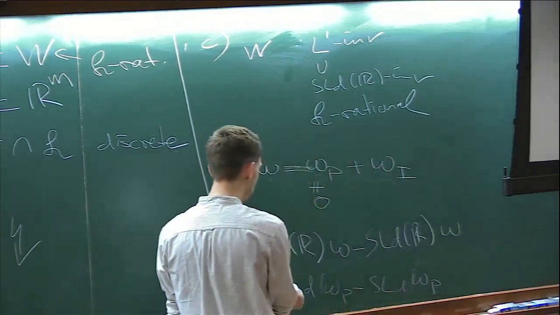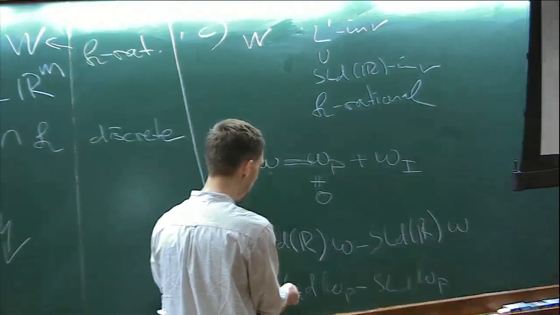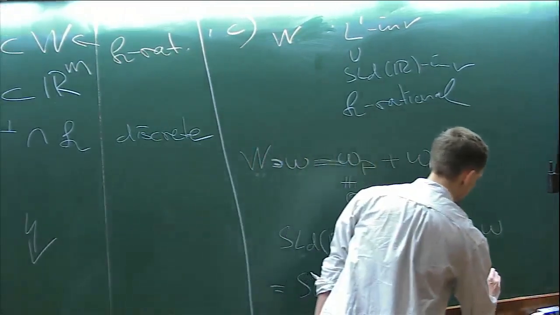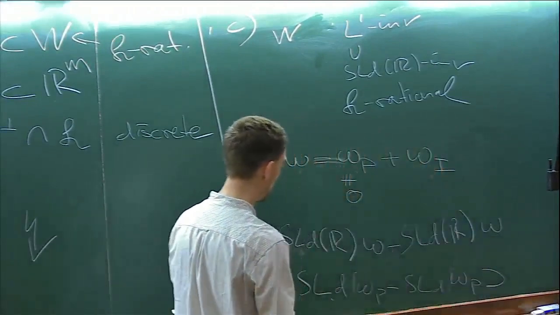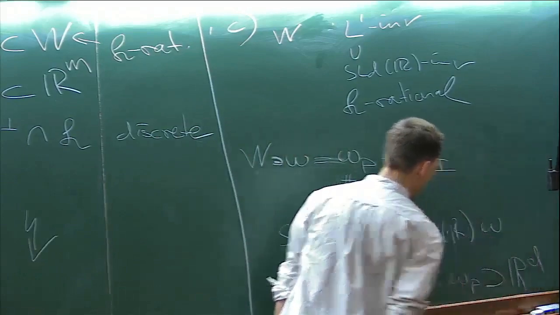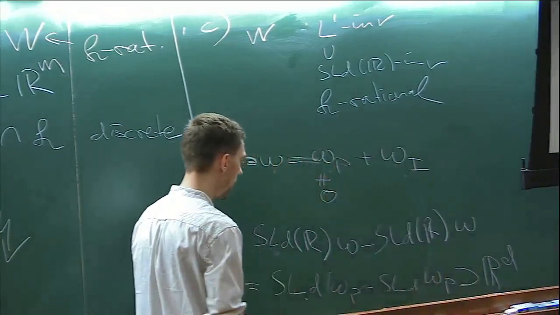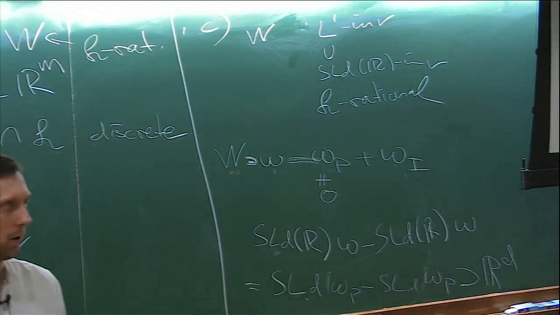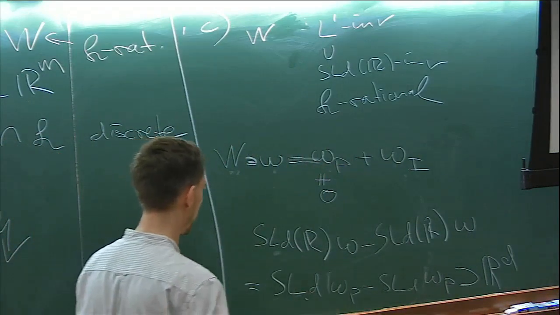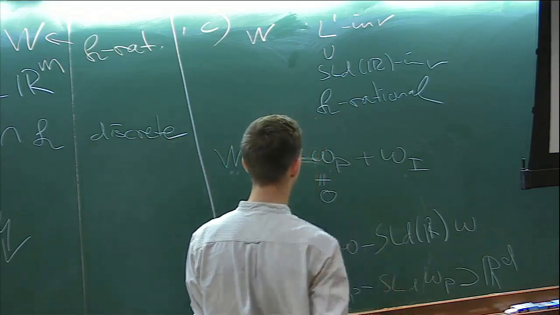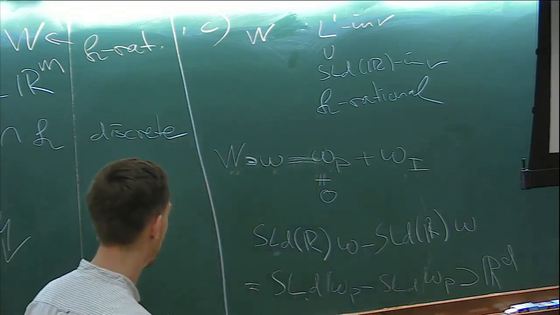So we do know that the physical space has to be contained because SLDR acts transitively besides the zero, but the zero is also contained.